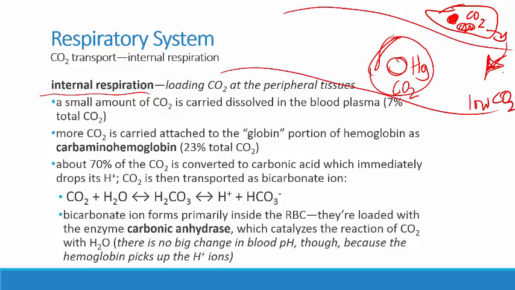And when that carbon dioxide binds to hemoglobin, we call it carbaminohemoglobin. That carries about 23% of the CO2 that we make. So 23% plus 7%, we've accounted for 30% carried between the hemoglobin and just dissolved in the blood plasma. The other 70%, though, goes through this reaction.